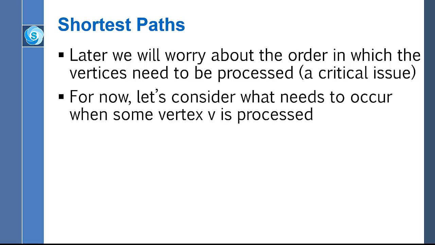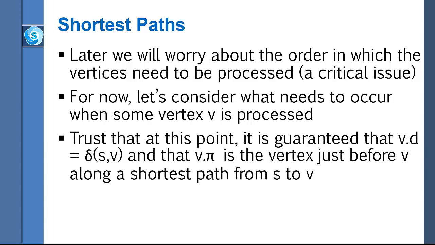Here's what has to happen while visiting a vertex V, while processing a vertex V. By the time V is to be processed, if the algorithm has been carried out correctly, it is a guarantee that V dot D will equal delta SV.